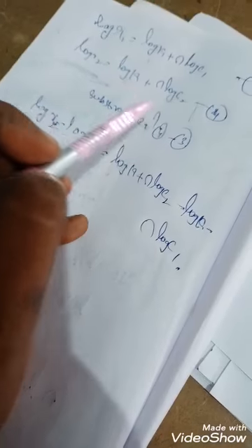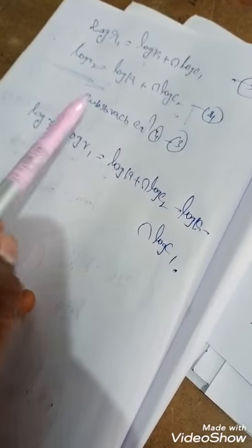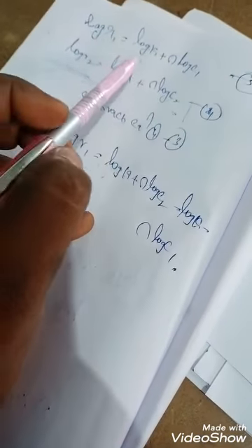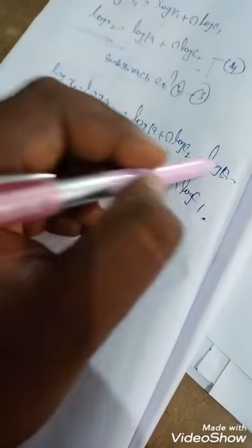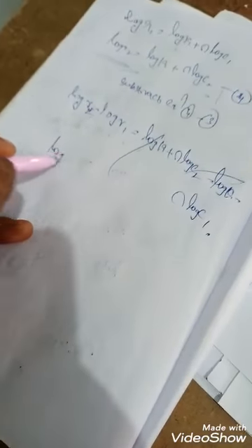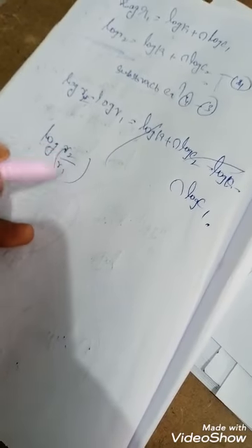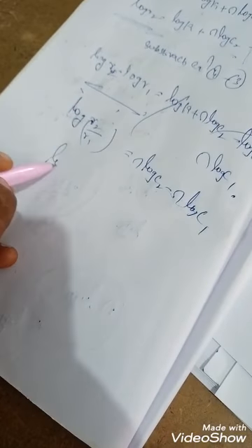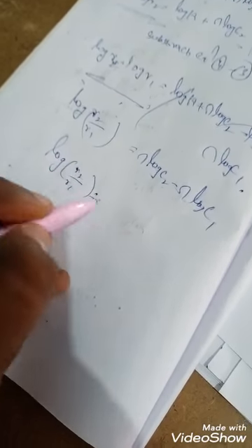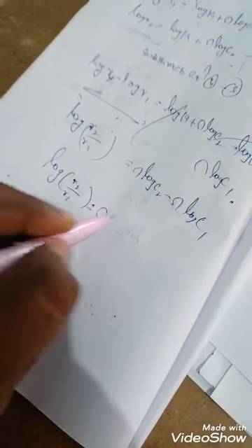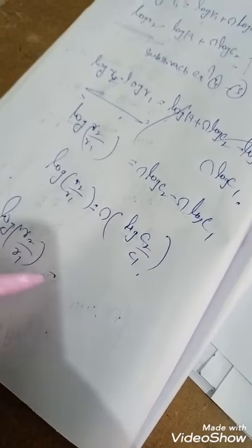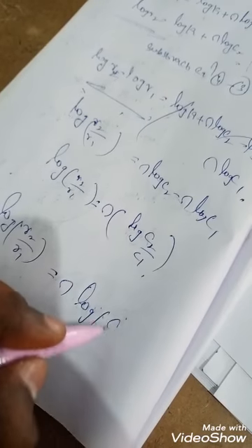Log k cancels. So we get log R2 by R1, because log a minus log b means log a by b. Next, n log c2 minus n log c1. Taking n common, log R2 by R1 equals n log c2 by c1. Total equation: log R2 by R1 equals n log c2 by c1.